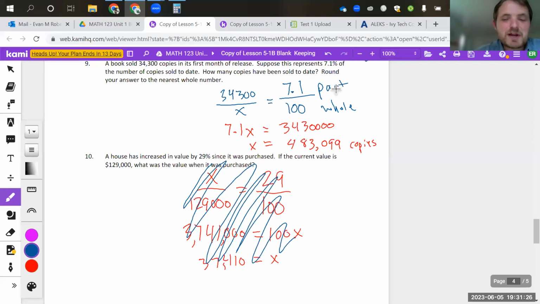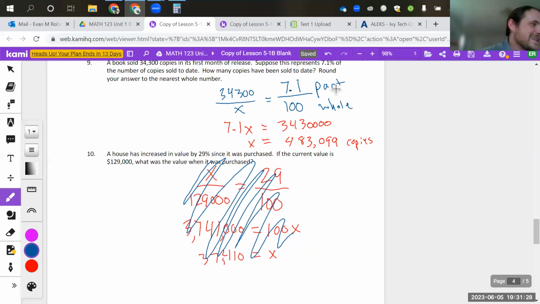So if I'm going off my notes, my notes say that the old price of our house was multiplied by an increase of 29%. I don't love it this way either; this question feels like it's just thrown in here. When you increase by a percentage, it would be 1.29, and that needs to equal 129,000.